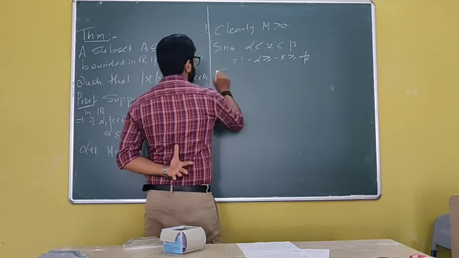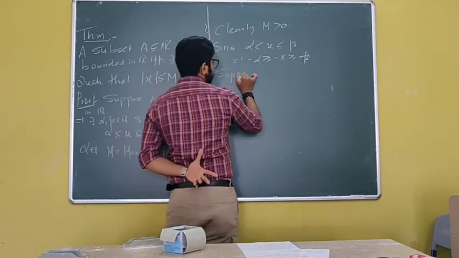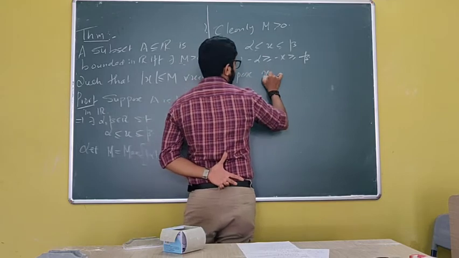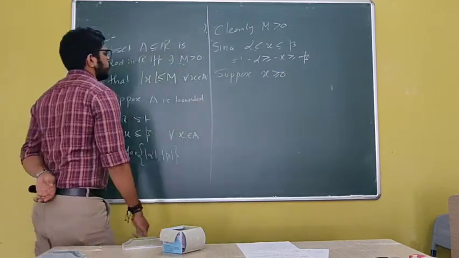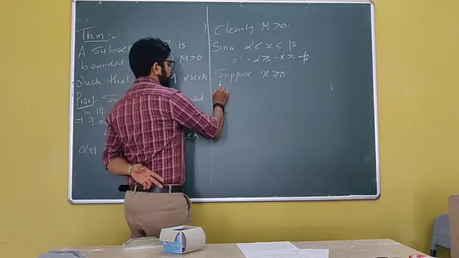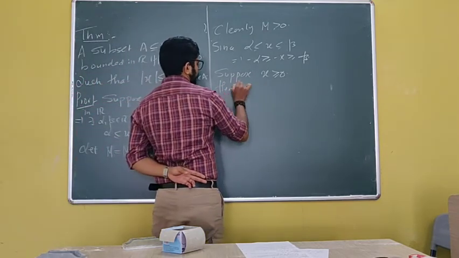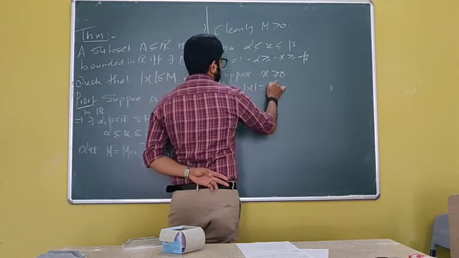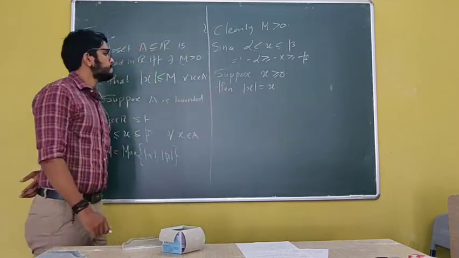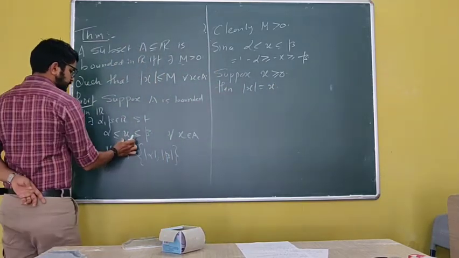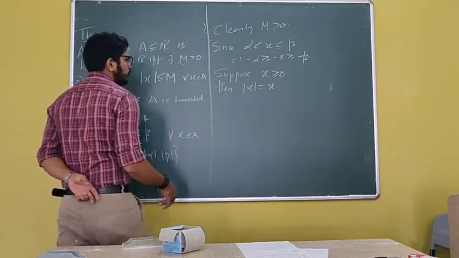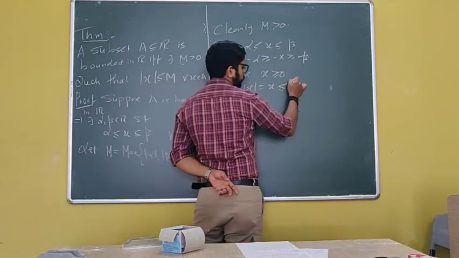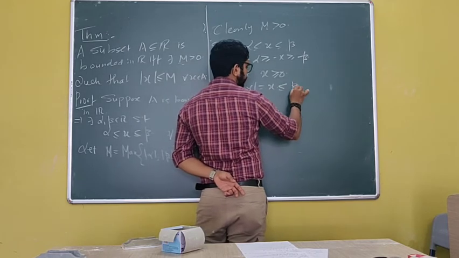Let's take two cases on x. Suppose x is positive. Then modulus of x is the same as x, but x is given to be less than or equal to beta.